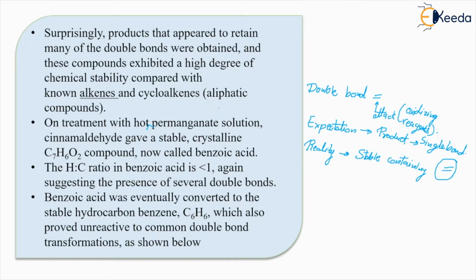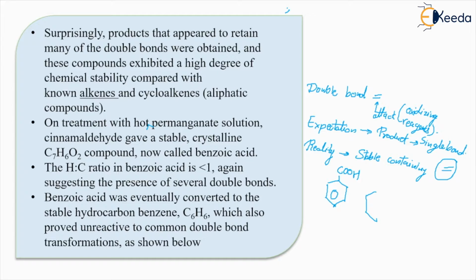So that is the reason why on treatment with hot permanganate solution, cinnamaldehyde gave a stable crystalline C7H6O2 compound called benzoic acid. Benzoic acid looks something like a benzene ring, and on top of the benzene ring you will have COOH attached to it.